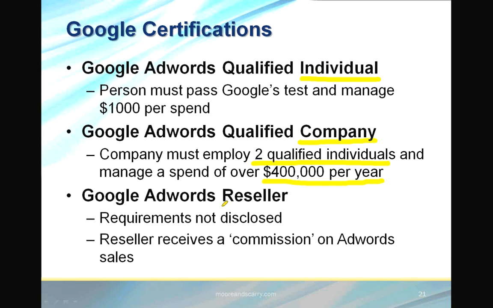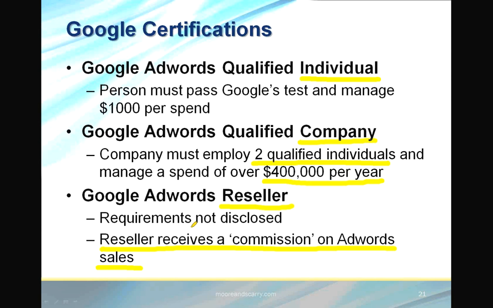The highest ranking is an AdWords reseller, which has all the same qualifications of a company, except they have enough clients that the reseller receives a commission on AdWords sales. I think right now there are only 30 resellers in the entire world. The commissions are highly coveted. The program's pretty secretive.